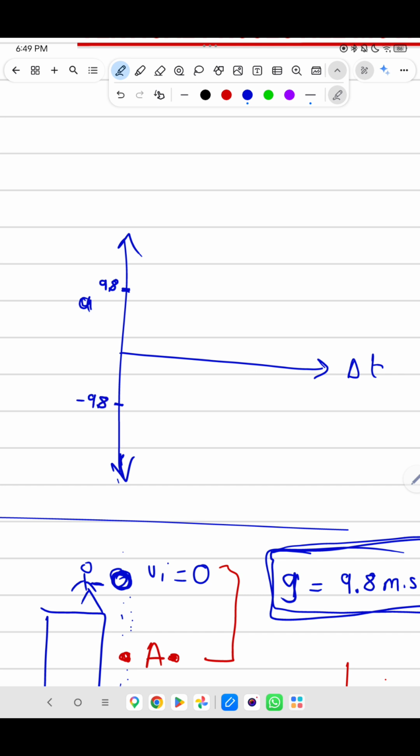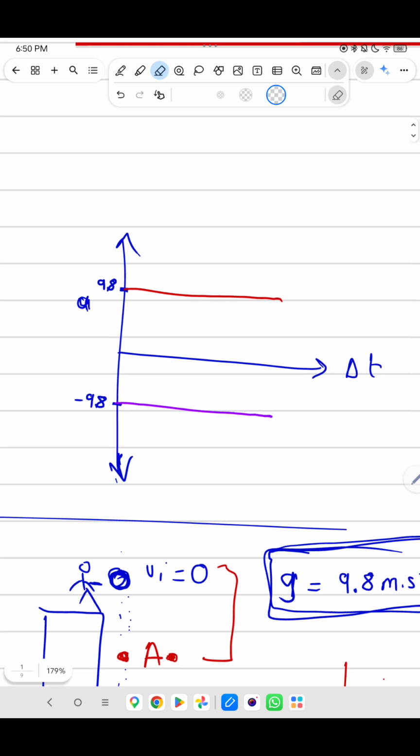So there are only two types of graphs you can have when we are dealing with an acceleration versus time graph. It's either your graph will look like this, or your graph can look like this. There are only two types that you will find, no matter the scenario that they give you.